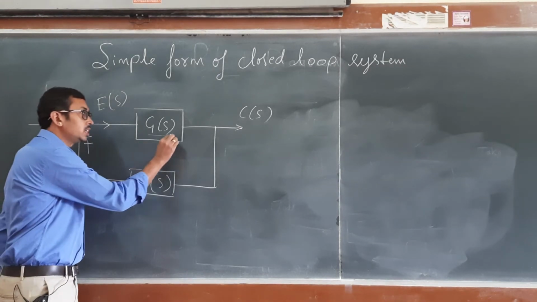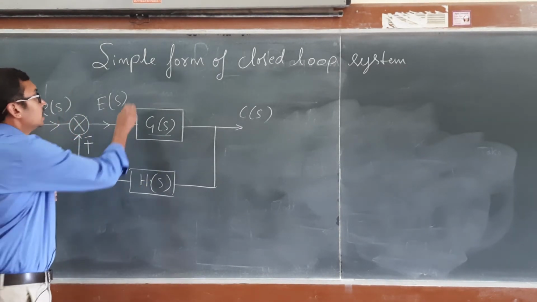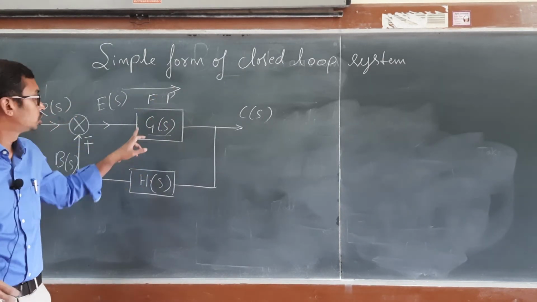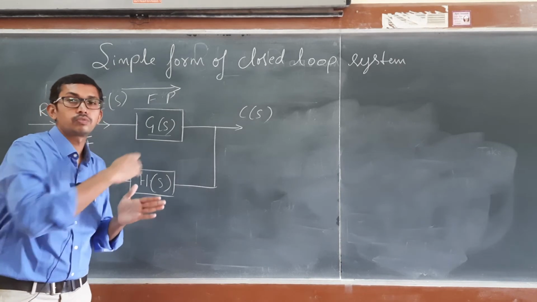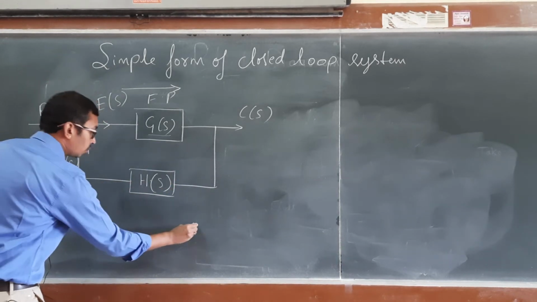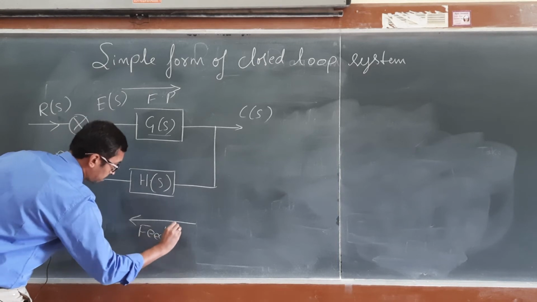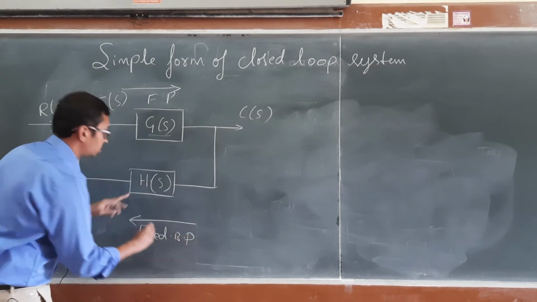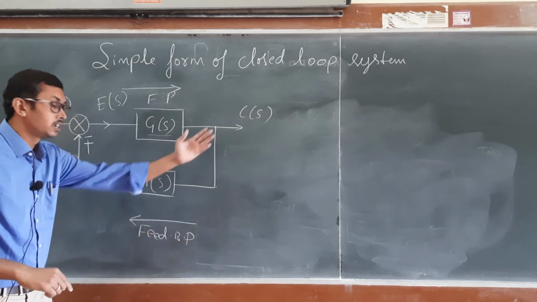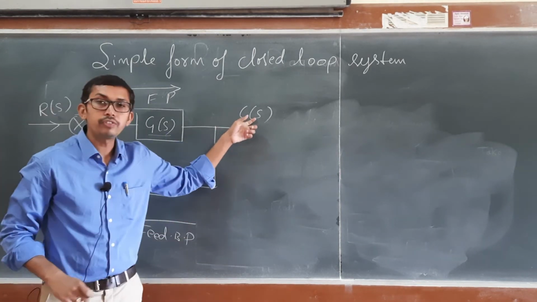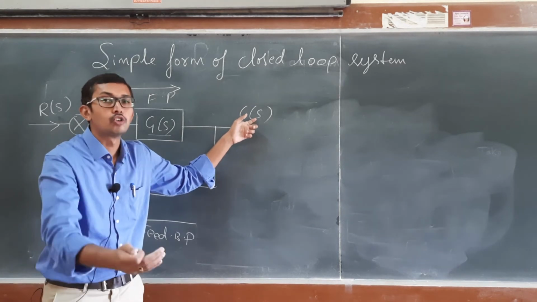G of S is the transfer function of the forward path. H of S represents the transfer function of the feedback path, and C of S represents the Laplace output.